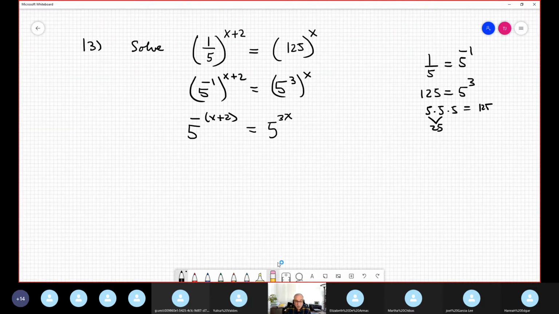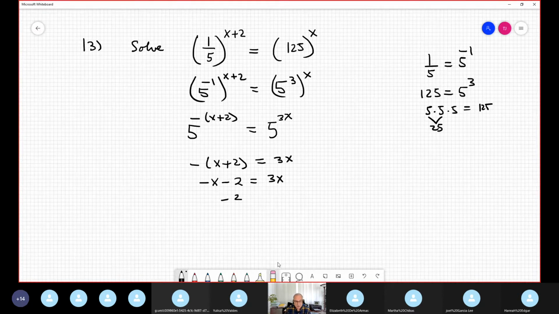Now at this moment we have two exponential functions. The base is the same, nice. Therefore, immediately you translate to the linear equation. You remove the parentheses, apply the distributive property, and you solve this elementary equation.